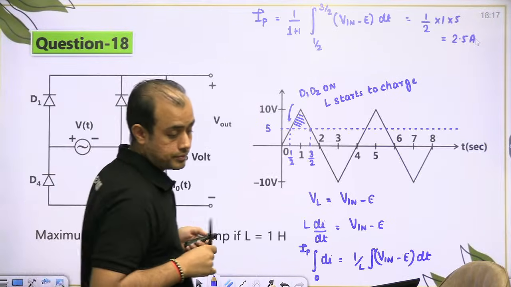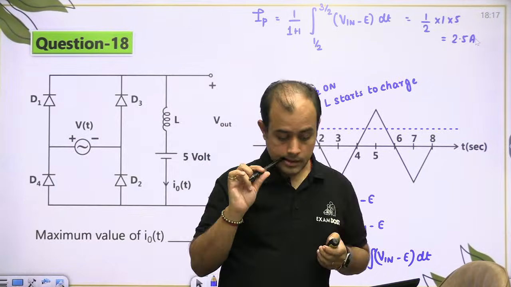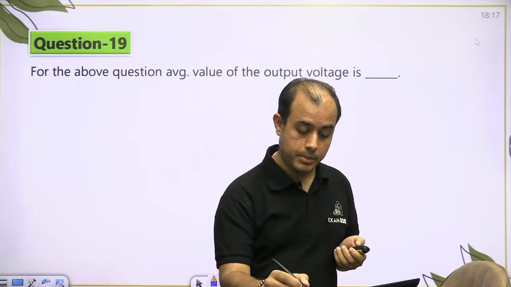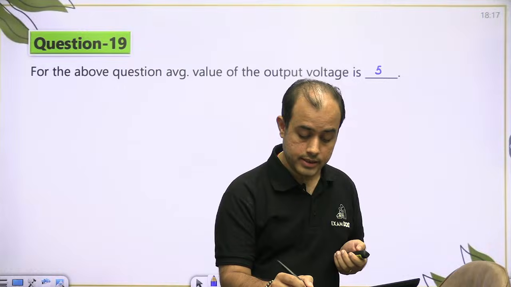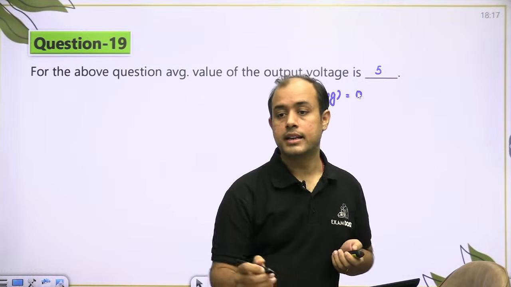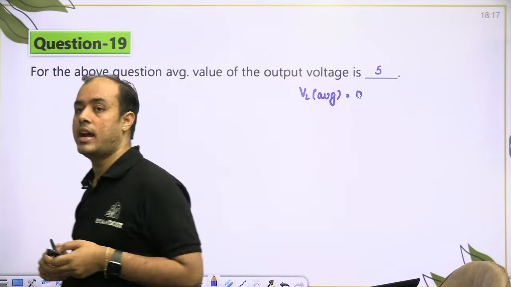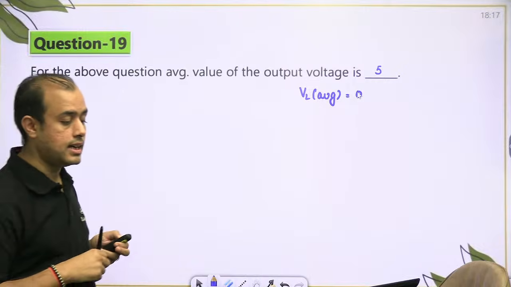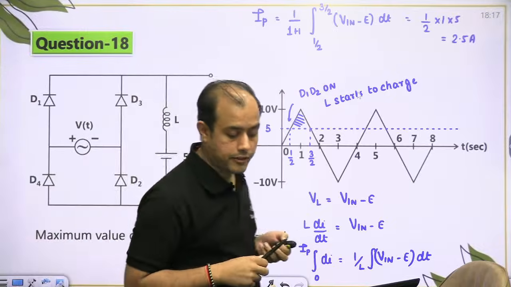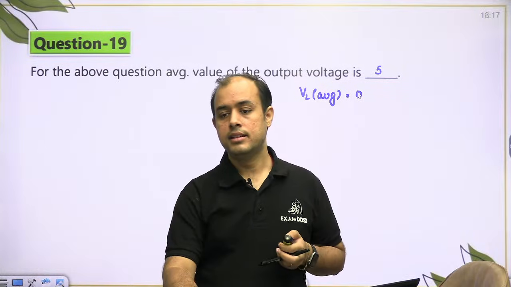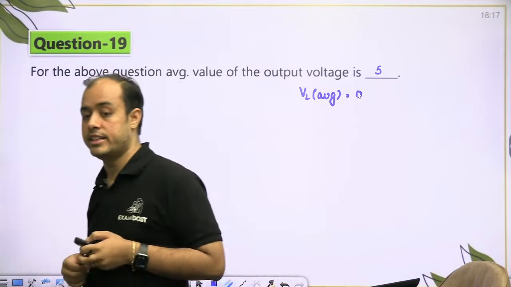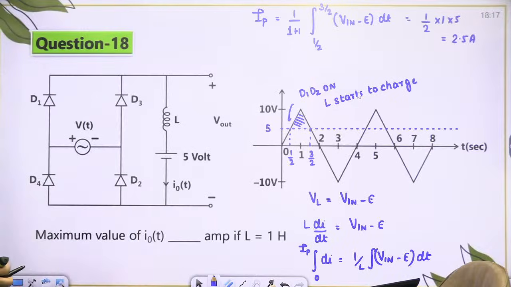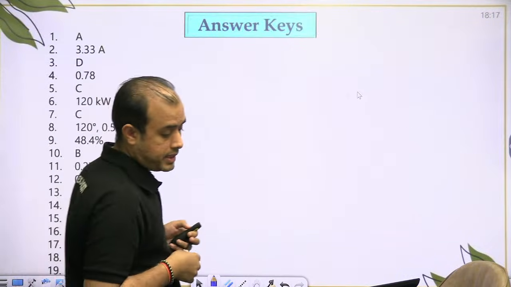So average output voltage will be 5 volt because inductor average is 0. The inductor average is always 0, so the average output voltage will be equal to EMF, 5 volt always. Understood the logic? It will be 5 volt because inductor average is 0. Clear to everybody? 2.5 ampere and 5 volt.